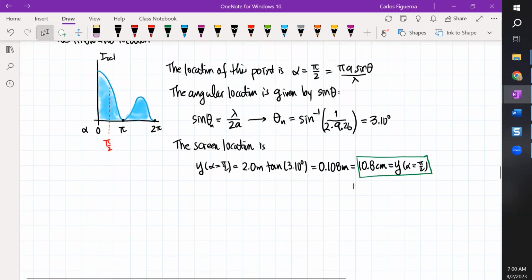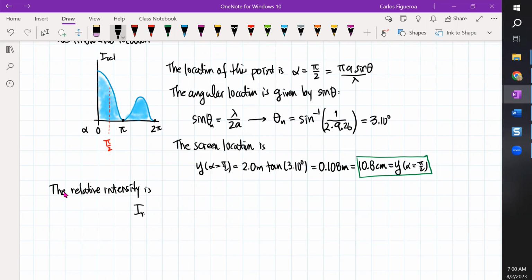So then the relative intensity is I relative, and this is going to be for alpha equal to pi over 2. Now note, sine of pi over 2 is 1. So if I just substitute, this will be pi over 2 divided by pi over 2, and I square that.